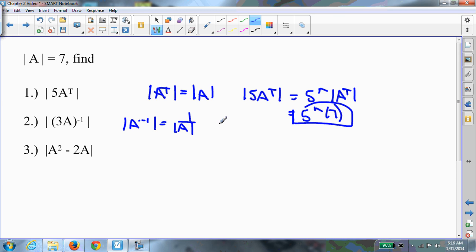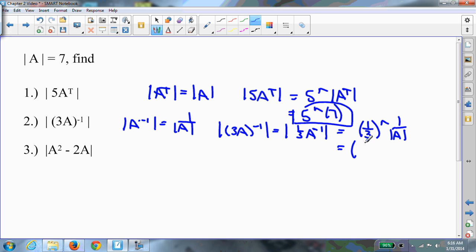So for the determinant of 3A inverse, actually I could do this first. That would be the same as 1/3 A inverse. So that's going to be 1/3 to the n times 1 over the determinant of A. And so 1/3 to the n times 1/7.